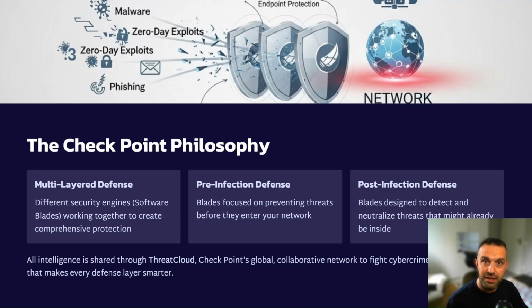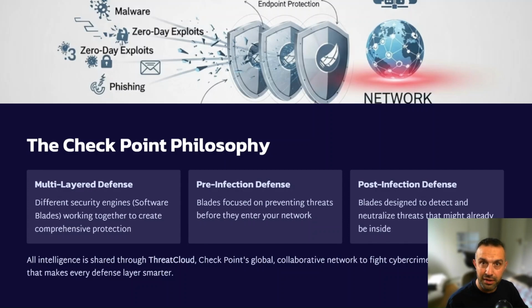Others are designed to detect and neutralize threats that might already be inside, which is post-infection defense. All of this intelligence is shared and correlated through ThreatCloud, Check Point's global collaborative network to fight cybercrime. Think of it as the central brain that makes every single defense layer smarter.